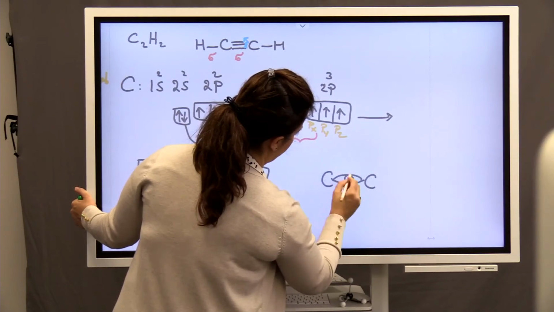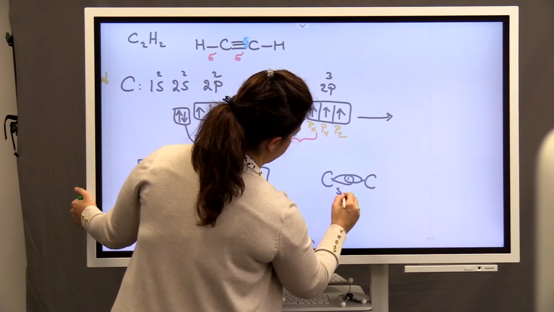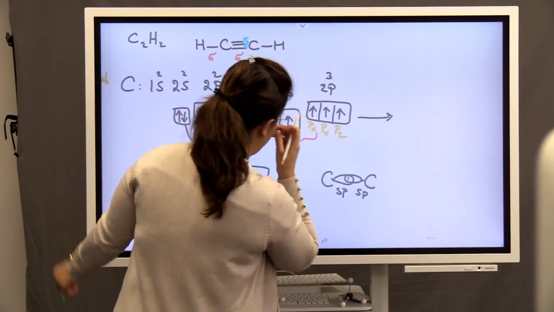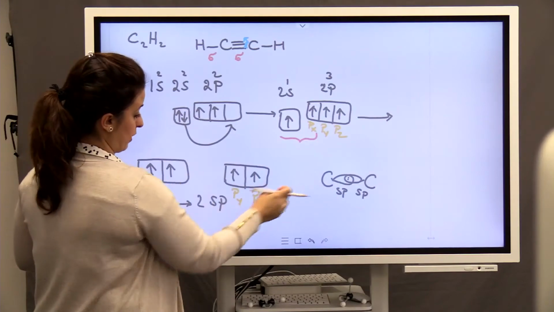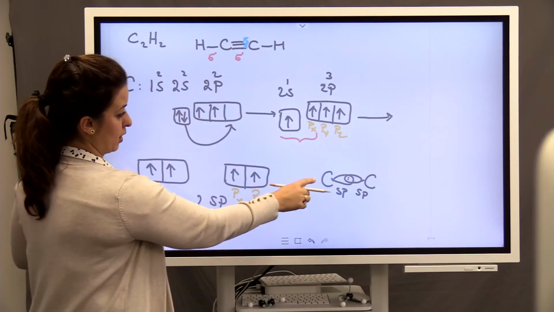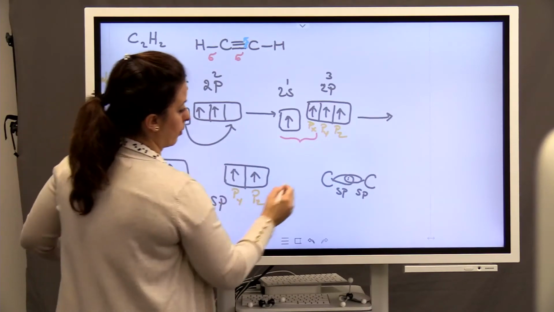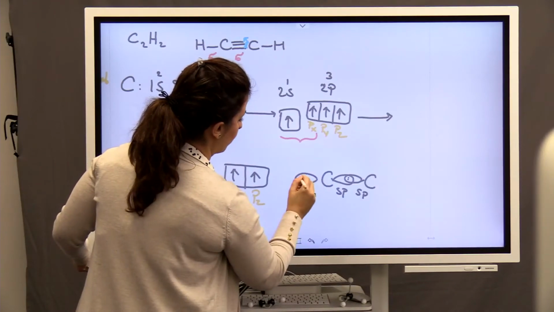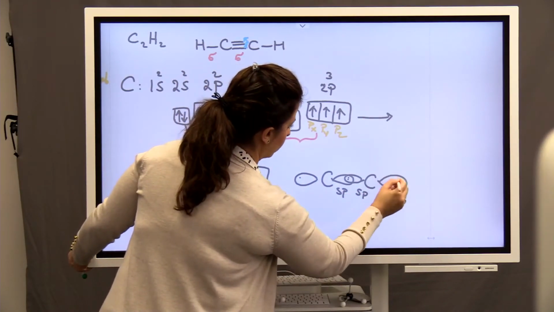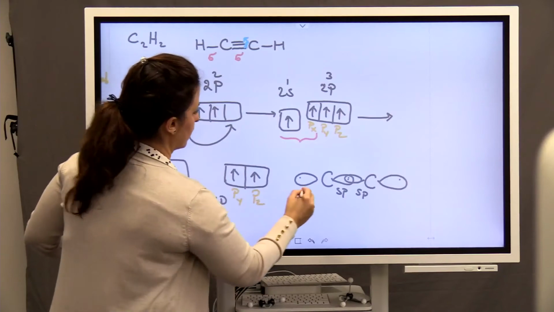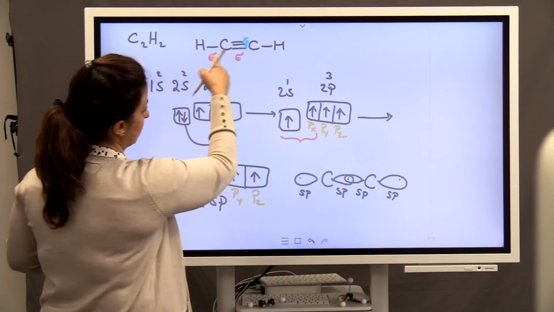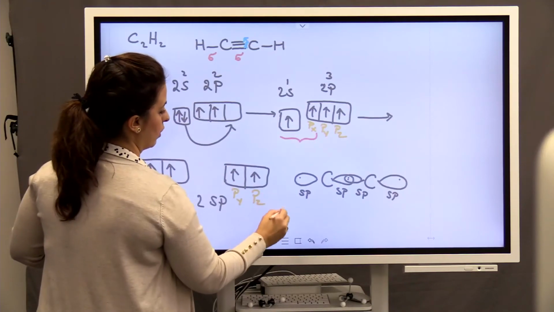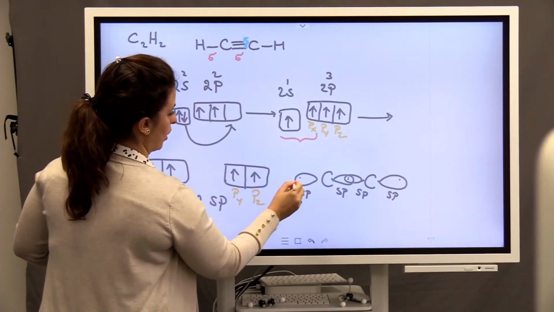These are the sp orbitals. sp, sp. 1 electron from each carbon. We need another sp orbital, right? Because we have 2 sp orbitals. The second one is on the other side of each carbon, sp and sp. So you see, you're showing the sigma bonds with sp. Now, hydrogens.